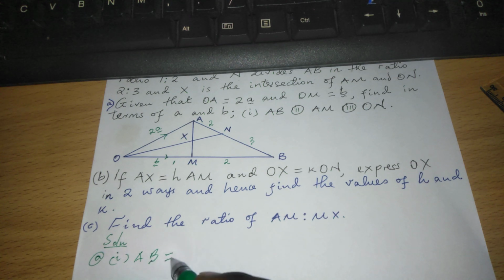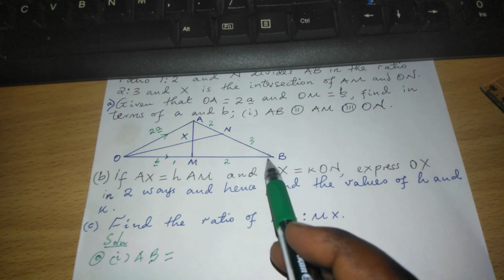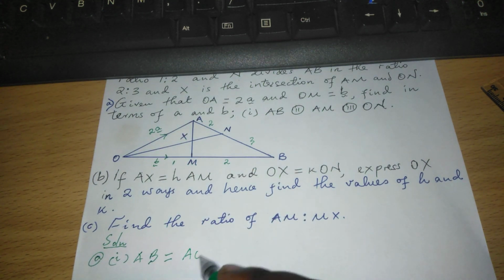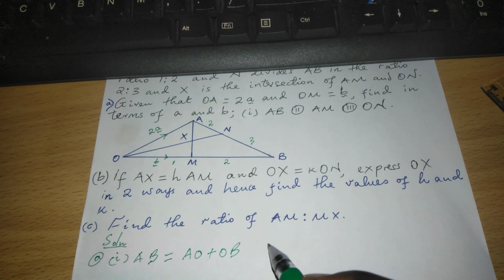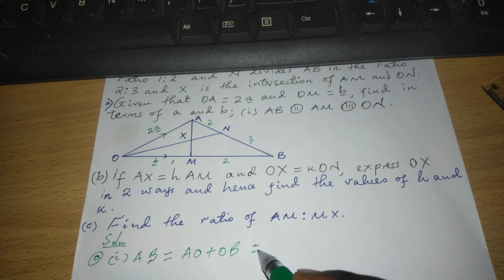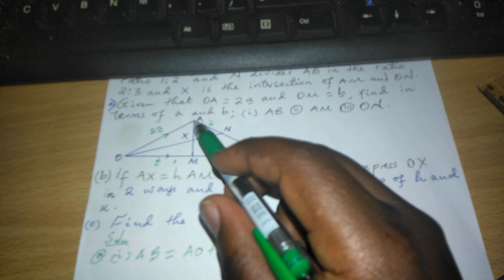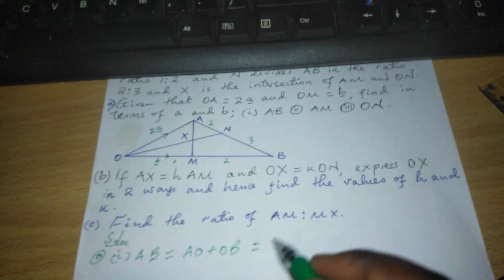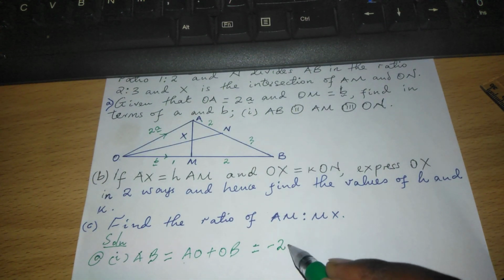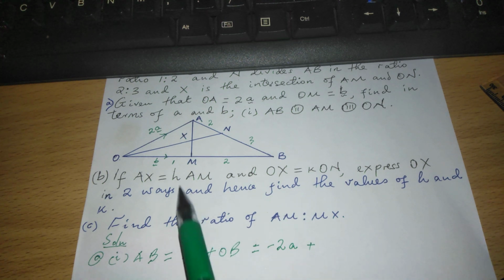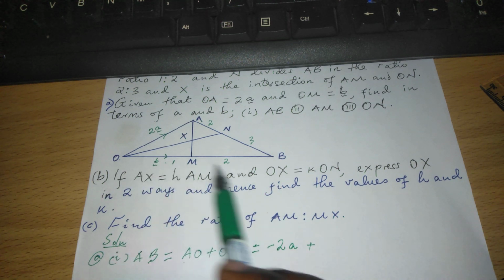So vector AB can be gotten through AO and we add OB. Since OA is 2A, then AO is the reverse, which means negative 2A, then plus. The proportions here are 1:2.